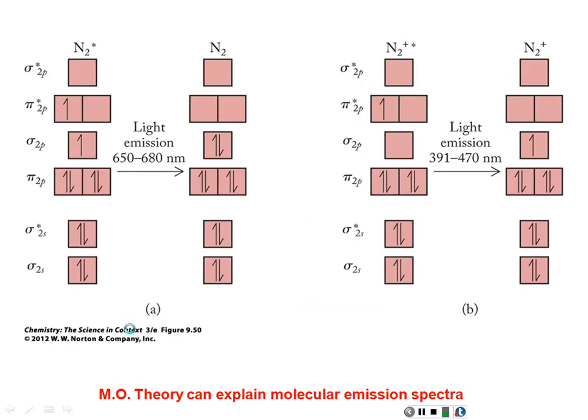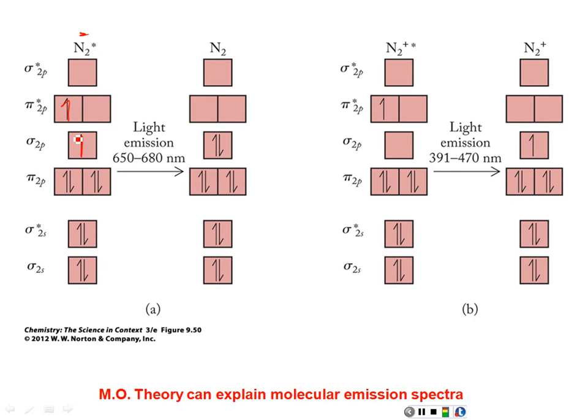And you can use the molecular orbital diagrams to show just why this can occur. If you have N2 star, that means it's in an excited state. So what does that mean? That means one electron went from the HOMO to the LUMO. So its electron configuration is shown here. It has two unpaired electrons.